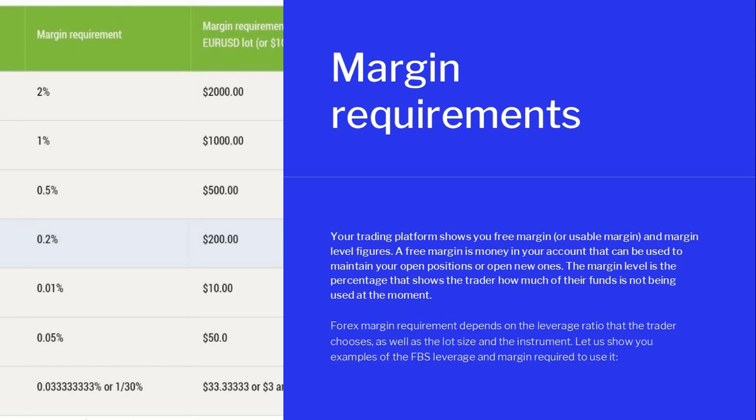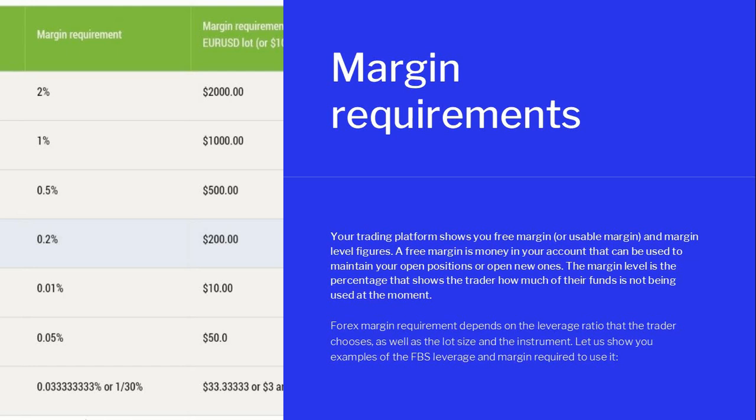For example, the lot size, let's say 2000, it simply means only 2% of margin is required. Let's say $1,000, only 1% is required. $500, only 0.5% is required, if you are using 1 to 100.